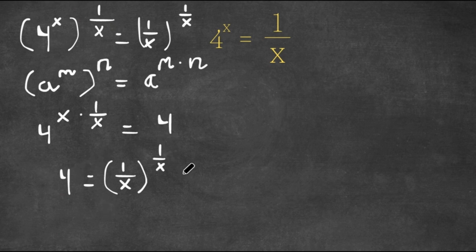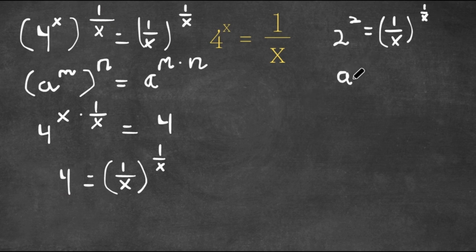Now, 4 is equal to 2 squared. So now I have 2 squared is equal to 1 over x to the power of 1 over x. And if we have something in the form a to the power of a is equal to b to the power of b, this means that a is equal to b.